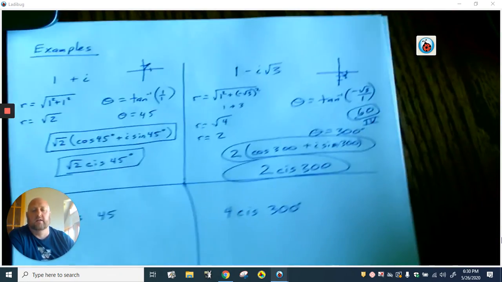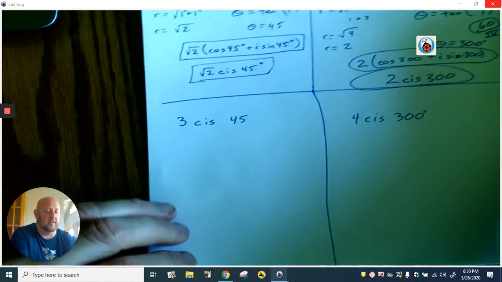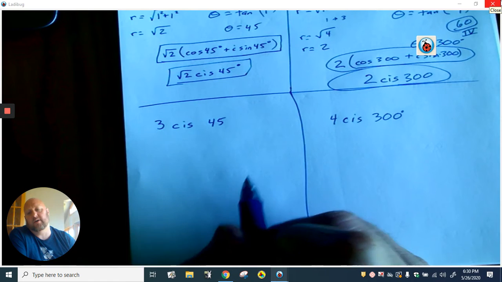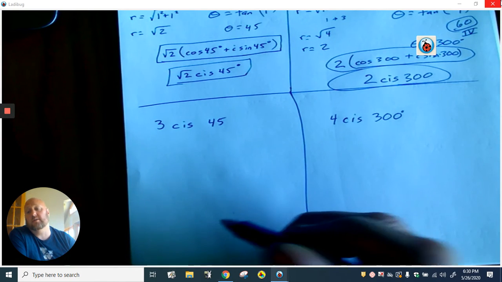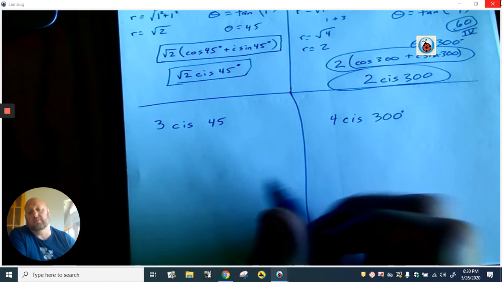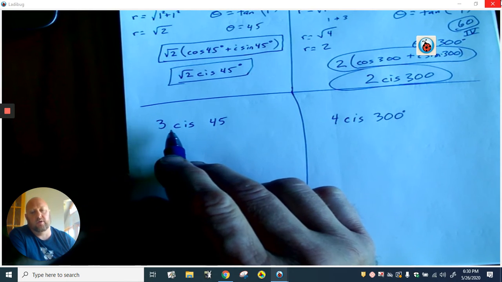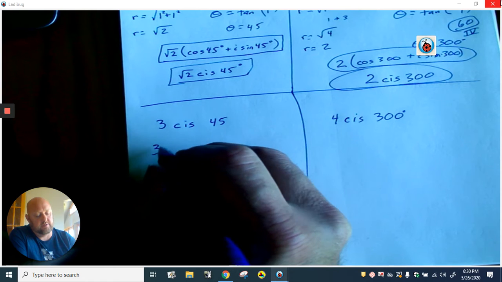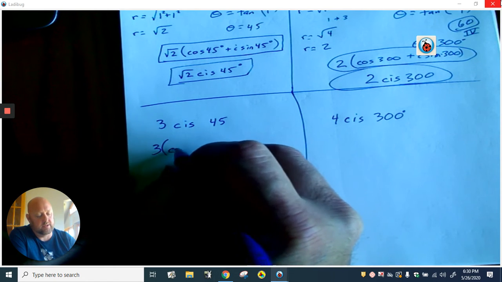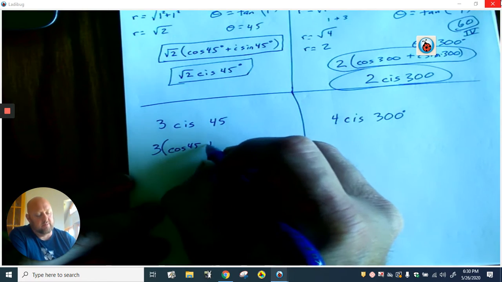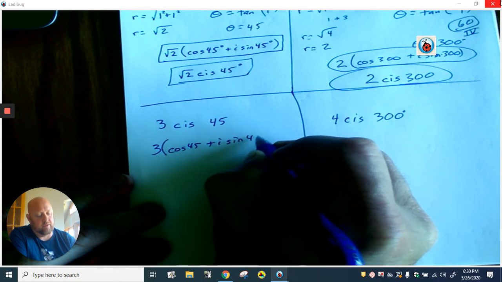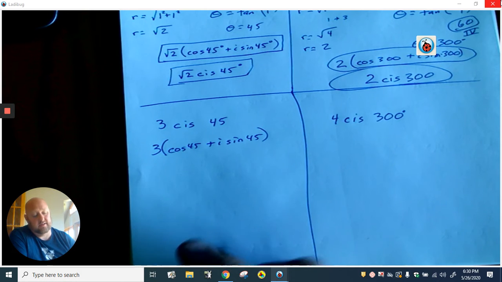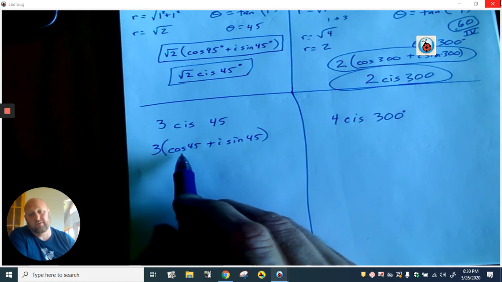Let's try a couple going the other way. What if you're given something like 3 cis 45, a polar imaginary number, and you have to put it into rectangular? Well, knowing what this means is really most of the battle. This really means 3 times the quantity of cosine of 45 plus i sine of 45. And then all you really have to do is calculate it. Use our table.